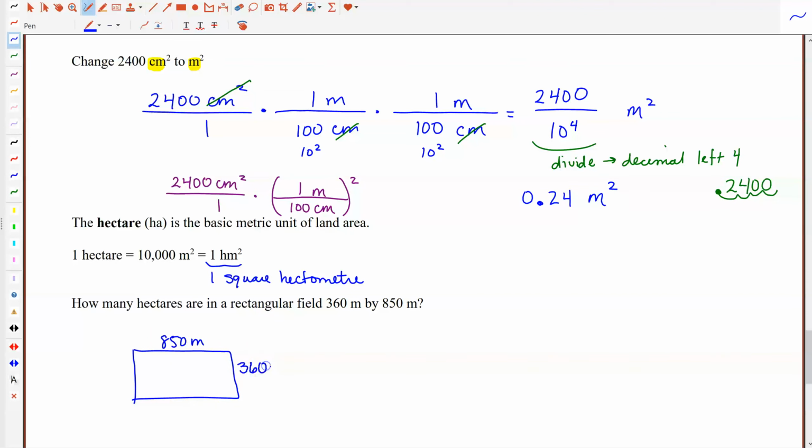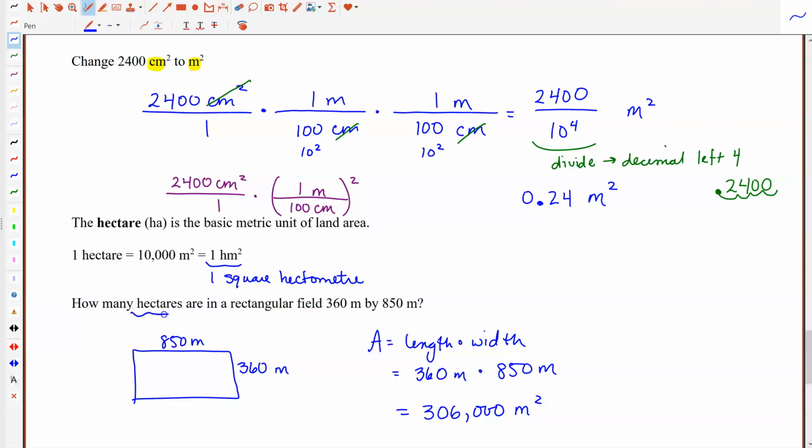So traditionally, to find its area, we're going to do its length times its width, which would be 360 times 850. And I want to be clear, both of these are in meters. So when I compute its area, multiplying, I would get 306,000, and then the units would be in square meters.